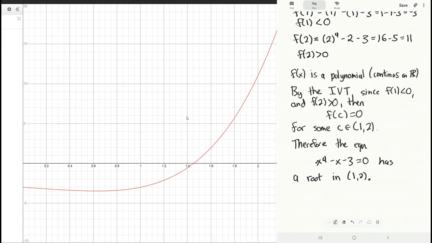So here is the graph of the function x to the 4 minus x minus 3. So what we found was that the function value at 1 is negative 3, and the function value at 2 is positive 11. And because the function is continuous, it has to pass through 0 at some point between 1 and 2. And so we show that there is a solution on the interval from 1 to 2.